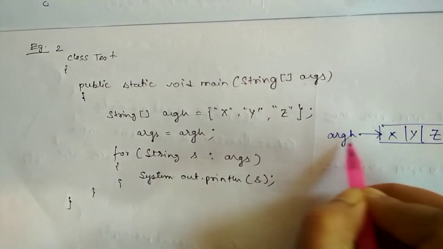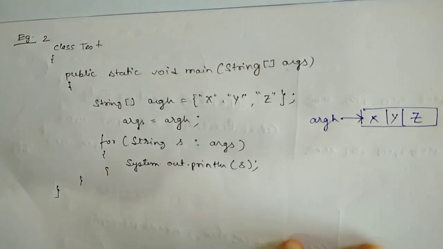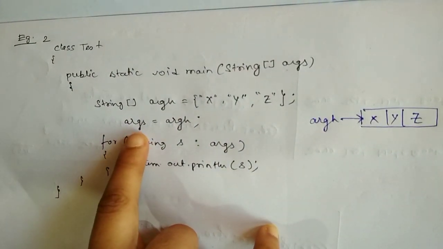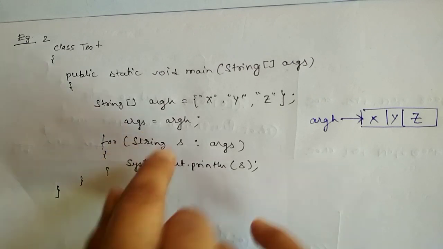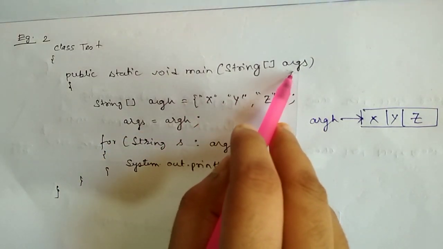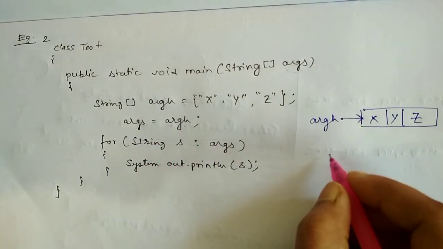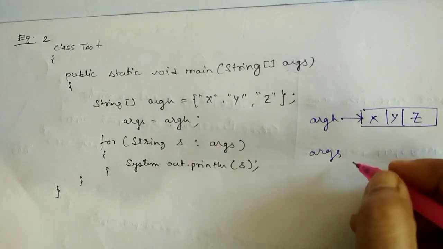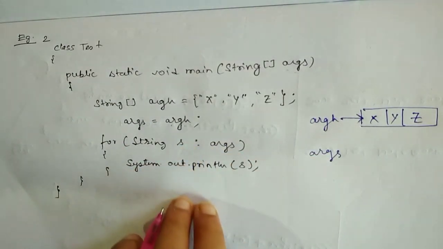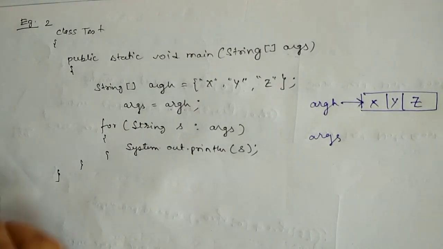So this array is pointing to this array argh, and now we have created another array, that is args. So args is by default here in the command prompt. So this is equal to args. Let's first take the output cases.